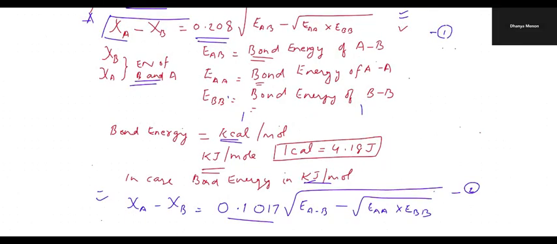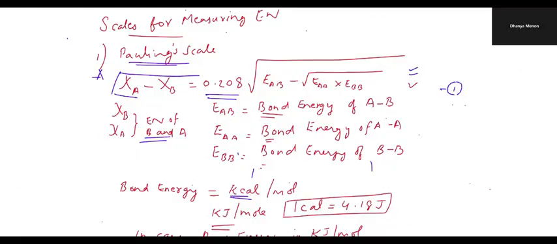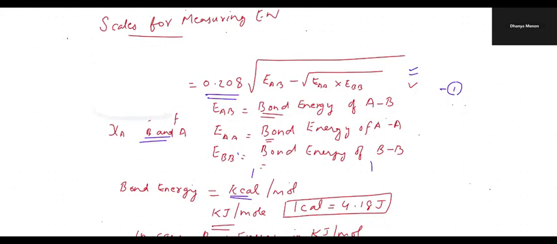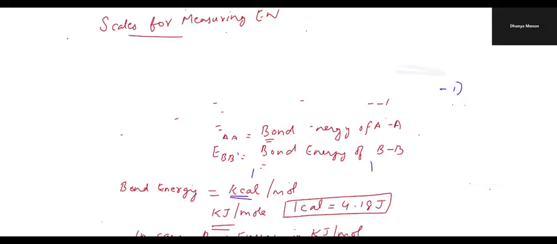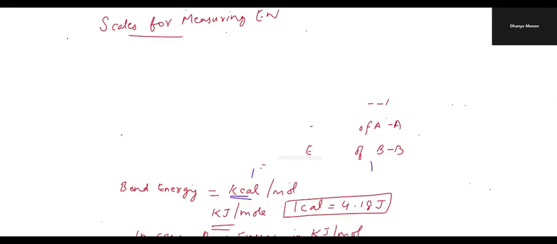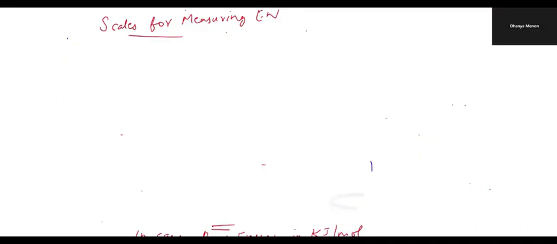Now coming to the next scale. These are the most common scales that are used. The second scale that is used is the Mulliken scale.